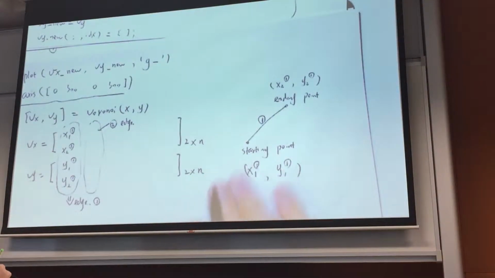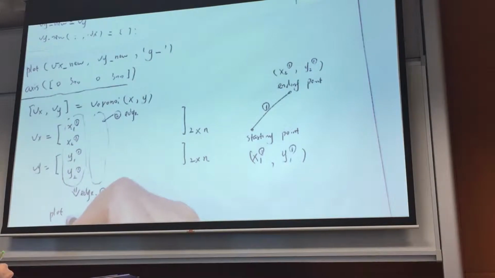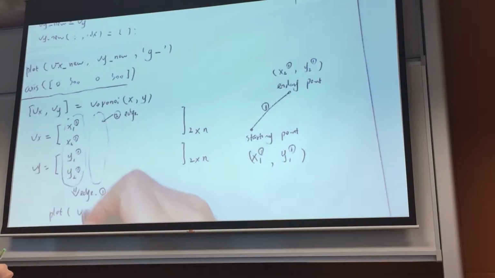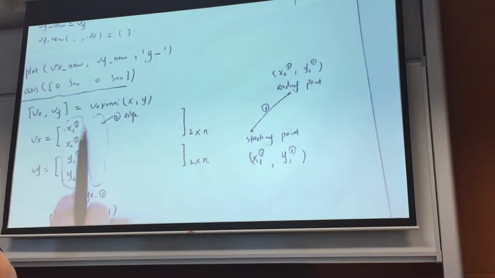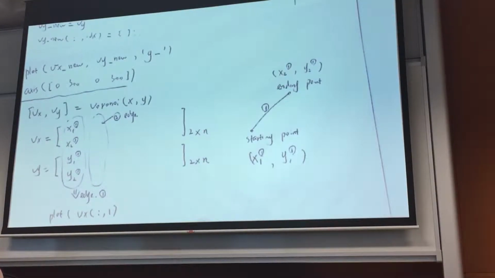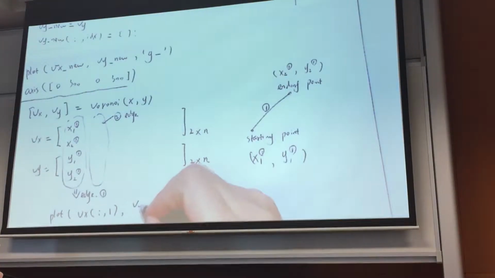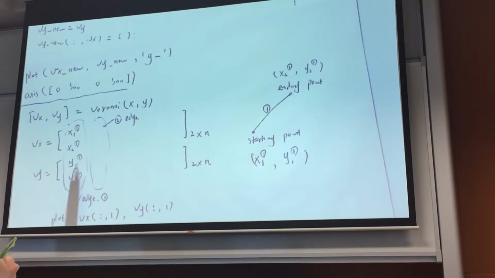So if you want to plot this edge, you may use this command: plot. Use the first column of Vx, because the first column corresponds to the first edge, so the x coordinates, and the y coordinates also from the first column.